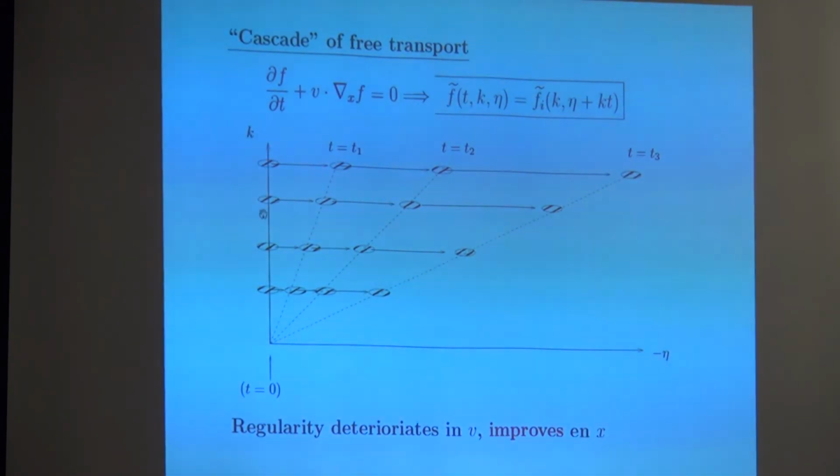And if I start in a configuration which is like this, then the evolution by free transport will be to make the high frequency modes in position go very, very far in the kinetic space. It is like a shear flow in the frequency variables.